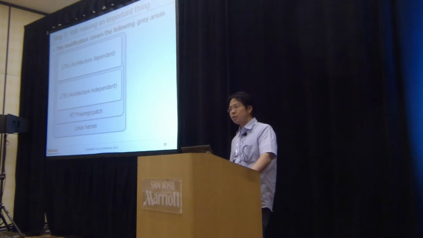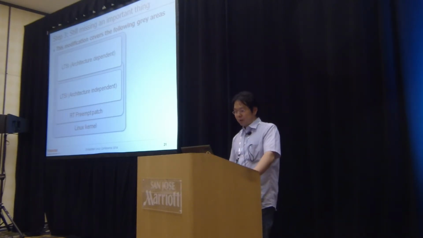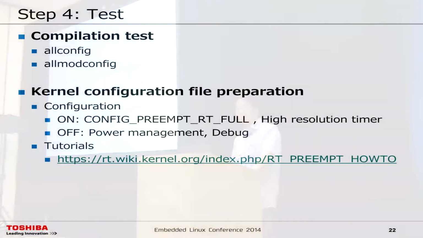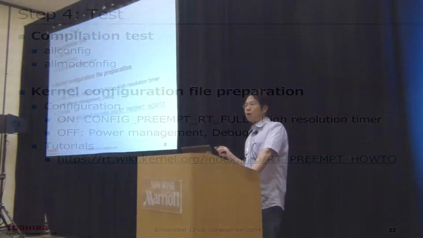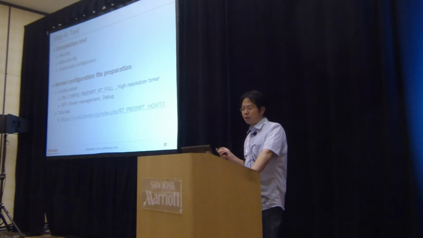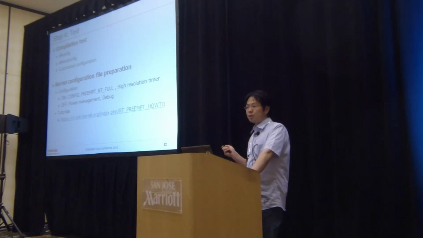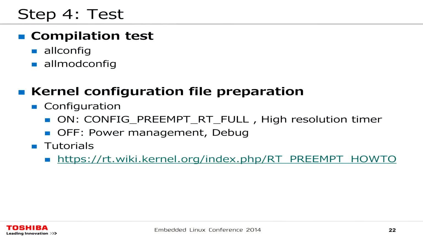Sometimes latency issues, sometimes deadlocks, and sometimes I don't know, because I haven't tested all of the stuff. So that means we need to test. When we created the LTSI-RT kernel, at first we tried a compilation test with our config or mod config, but this is not usually used with the RT patch.